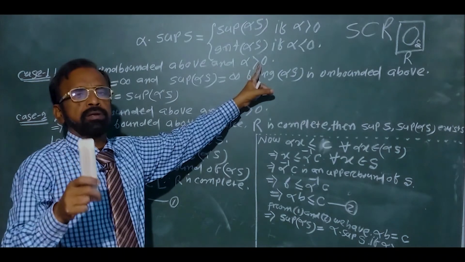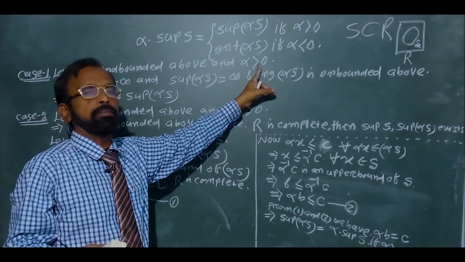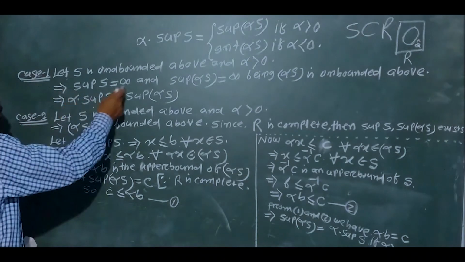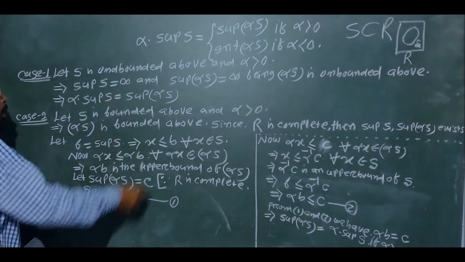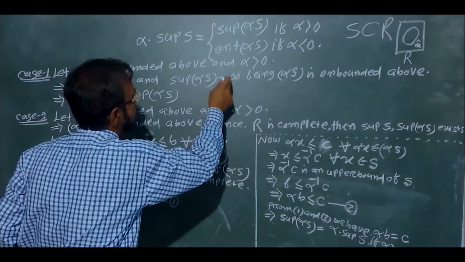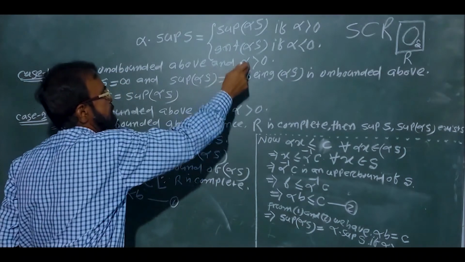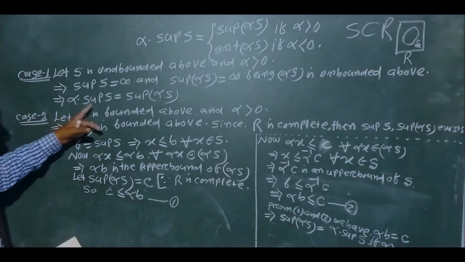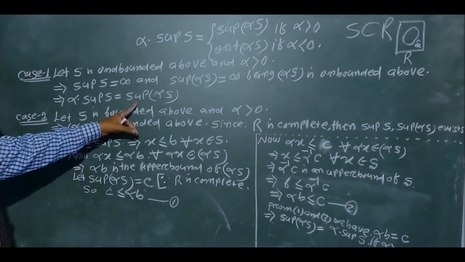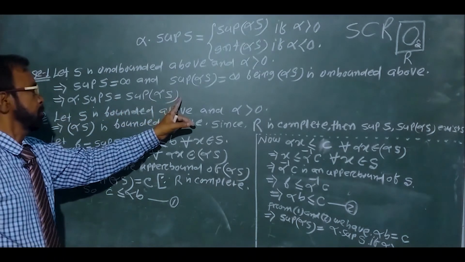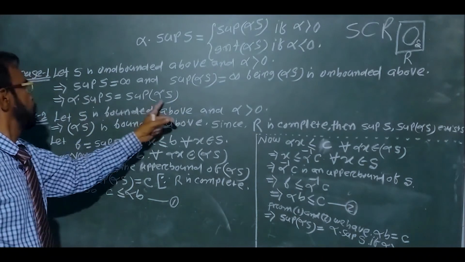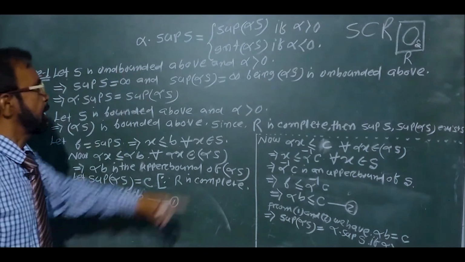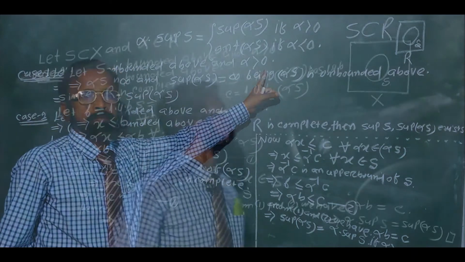Suppose case 1, S is unbounded above. Since S is unbounded above, supremum of S equals infinity, and supremum of alpha S is also infinity, because alpha is greater than 0. Which implies alpha times supremum of S equals supremum of alpha S. That means this is true when S is unbounded above and alpha is greater than 0.